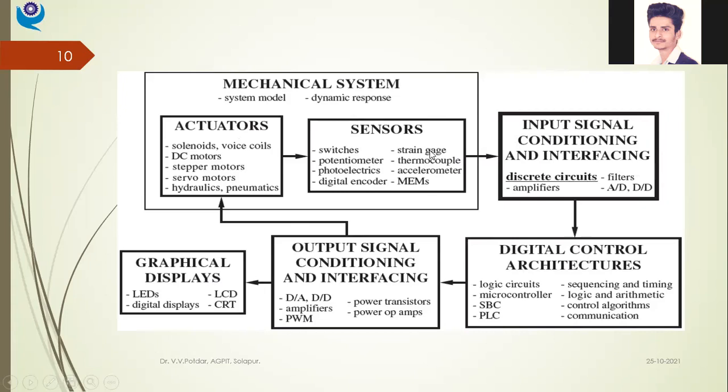Out of these, we have just introduced ourselves with various sensors and transducers. As you remember, some task is going on and that task is to be monitored and controlled. For example, the robot is picking up some object from one place and placing that object at some designated desired place.